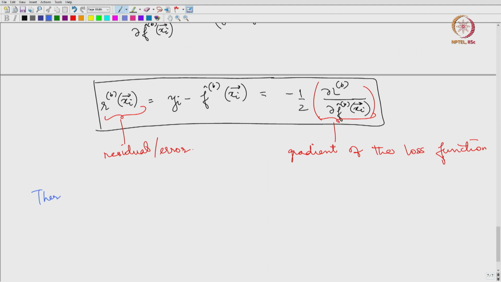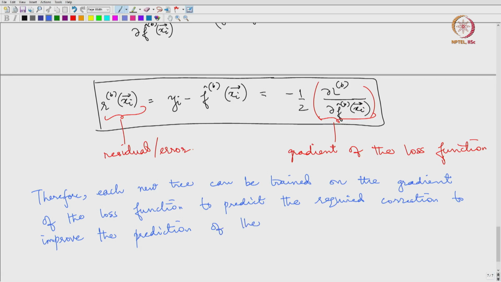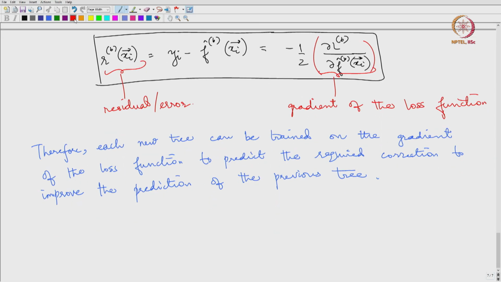So therefore each new tree can be trained on the gradient of the loss function to predict the required correction to improve the prediction of the previous tree. Okay. So that is the main crux of gradient boosting.